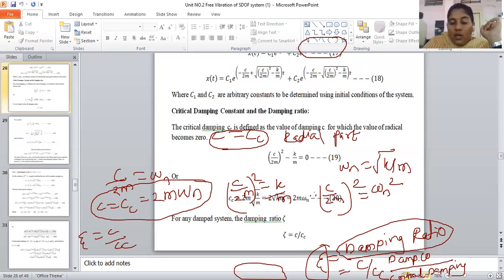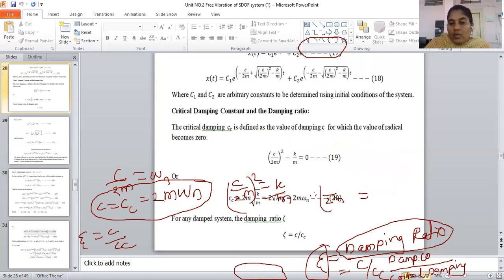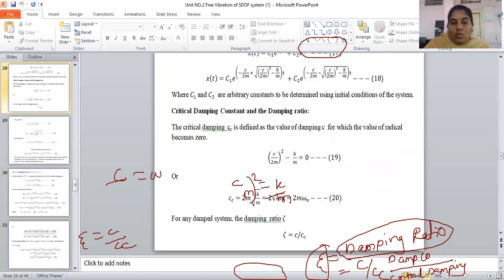And the last one is the damping ratio: zeta is equal to a ratio. Write down, damping ratio is a ratio of damping coefficient C towards the critical damping Cc.